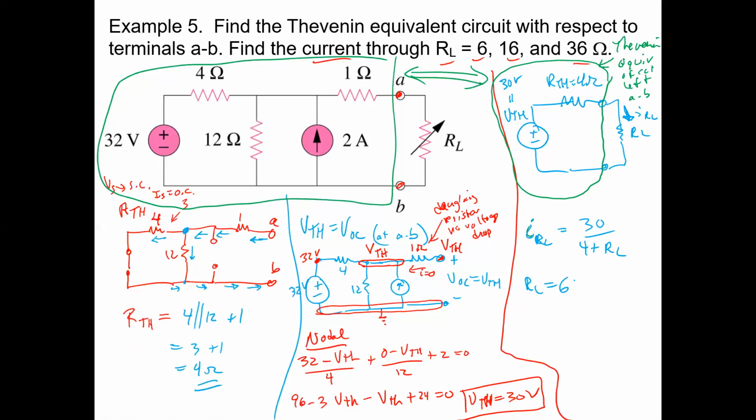If you put in a 6 ohm resistor, the current's going to be 3 amps. If you put in a 16 ohm, it's going to be 1.5 amps. If you put in a 36, it's going to be 0.75 amps.